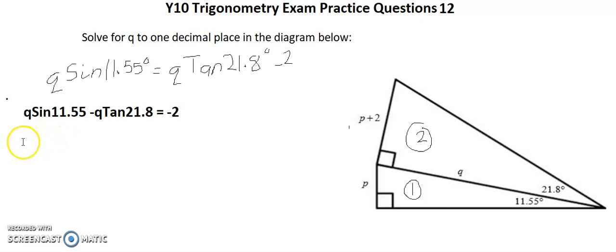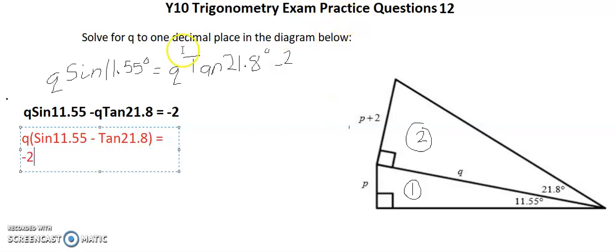The next step that I want to do is I want to get the Q out the front and factorize it. So that means I am thinking about dividing both by Q, and that leaves me with sine 11.55 degrees minus tan 21.8 degrees is equal to negative 2.